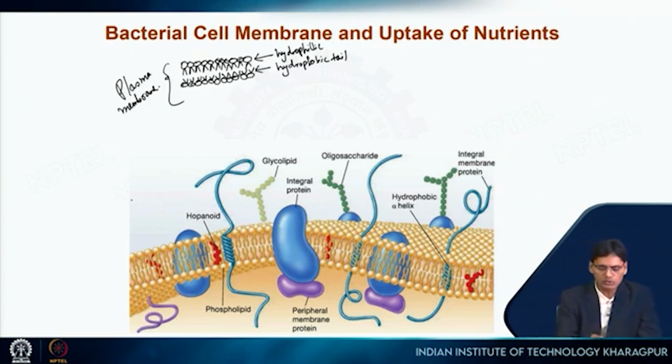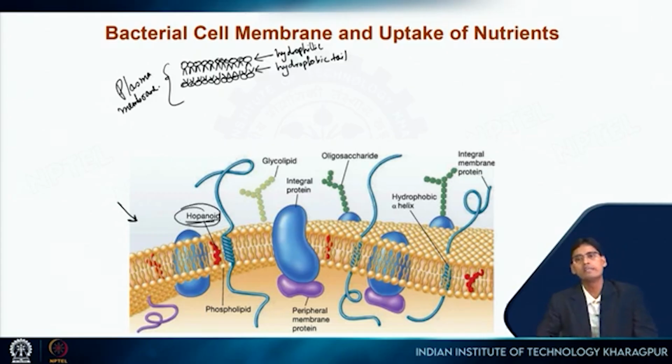Here, as you can see, we are showing a much more complex organization present in the plasma membrane. There are many things like glycolipids, oligosaccharides, integral membrane proteins. Many things are present on the membrane itself. And as you can see, in red color is mentioned hopanoid. I would like to mention here that in eukaryotic cells, as you know, we have sterols.